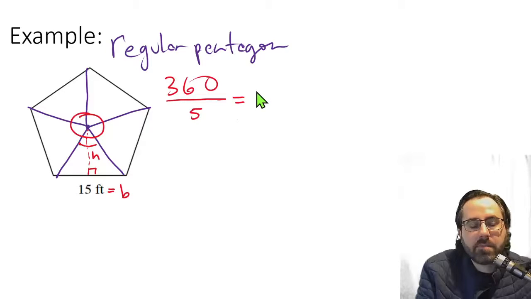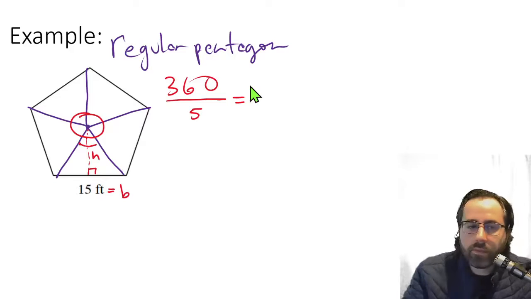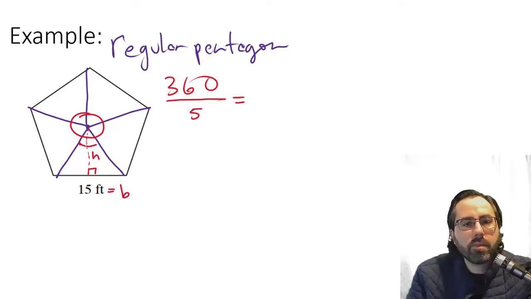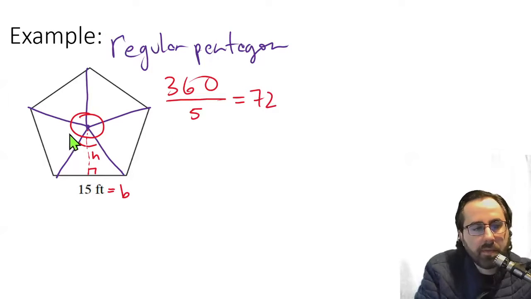That makes for this angle to be 72, and let's label that angle. So each of these center angles are 72.